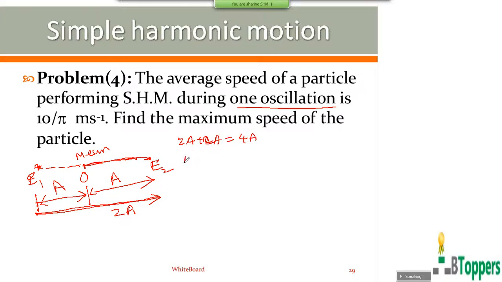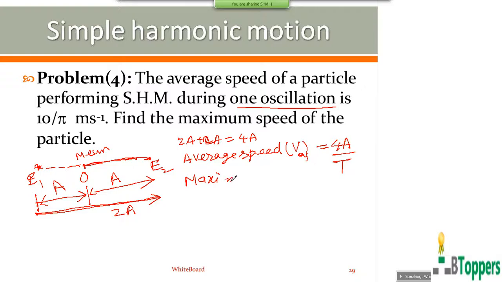So the average speed for one oscillation, denoted by V subscript A, is equal to the distance covered during one oscillation divided by the time taken to complete one oscillation. The time taken to complete one oscillation is denoted by capital T, which is called the time period of oscillation.